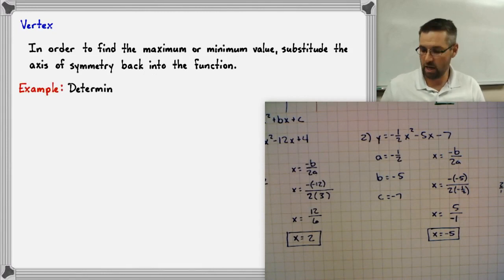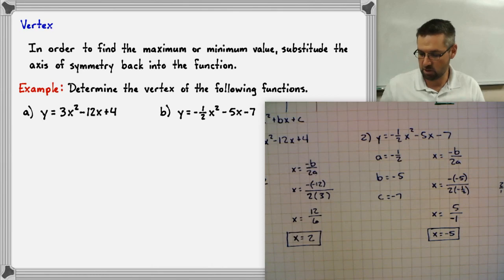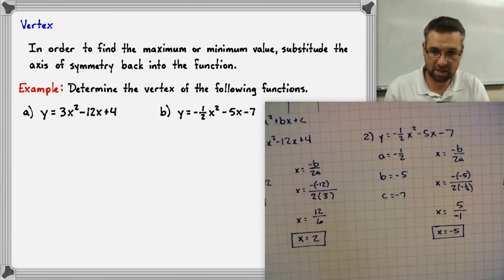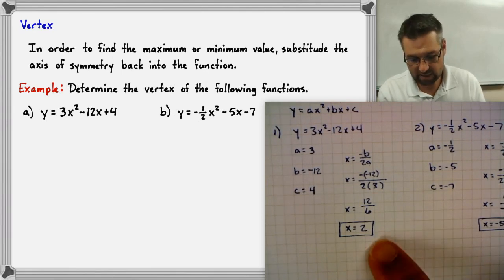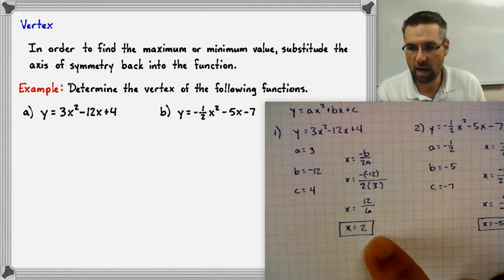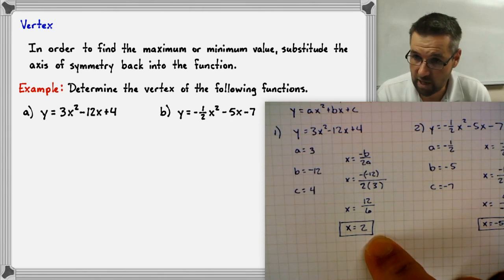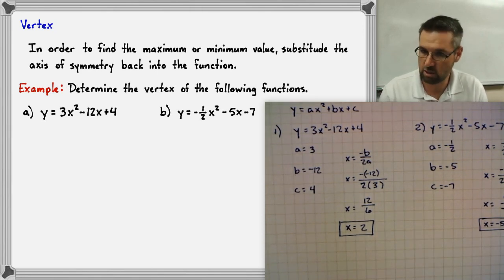Let's go ahead and take a look at, I believe these are the same examples that we just dealt with, yes? The 3x squared minus 12x plus 4, okay? So this is my axis of symmetry. Now I need to find either my maximum value or my minimum value. What's it say to do? It says to substitute the axis of symmetry back into the function.